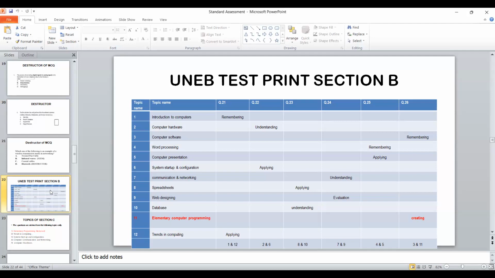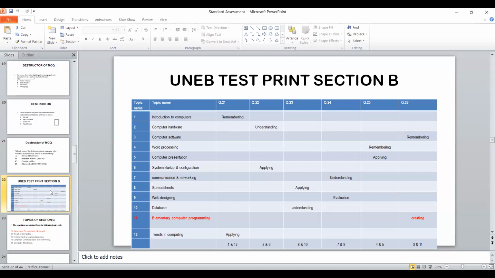You ask one part about computer hardware, then another part about system startup and configuration. Even when you get a previous mock paper, for mine, it will be following that order. And even for UNEB, that is the order.